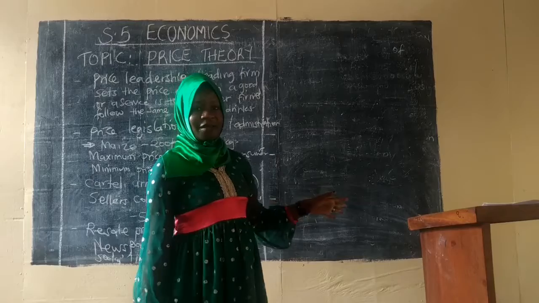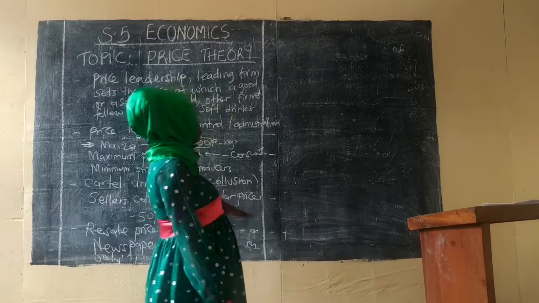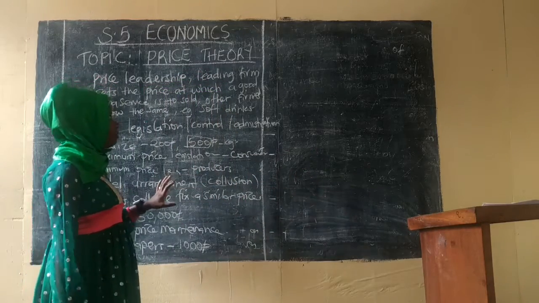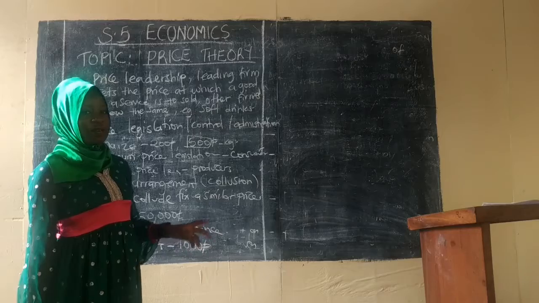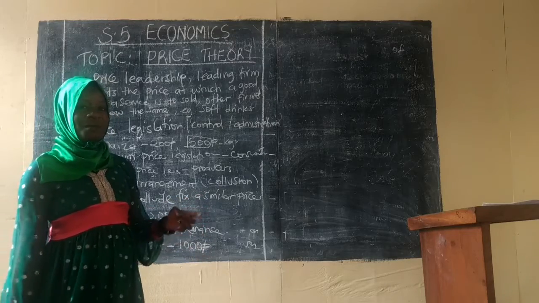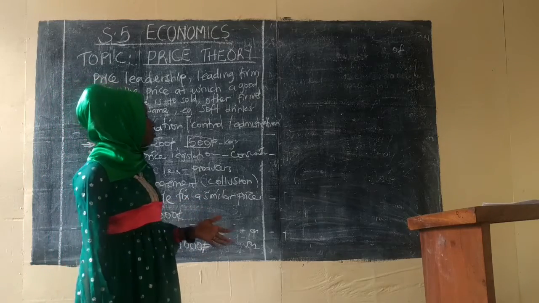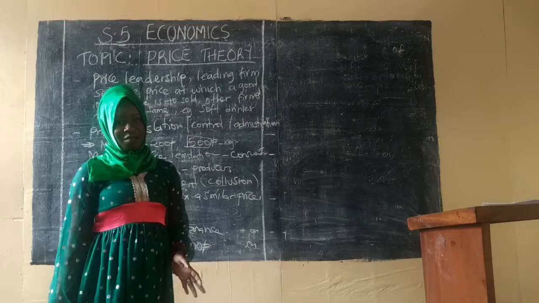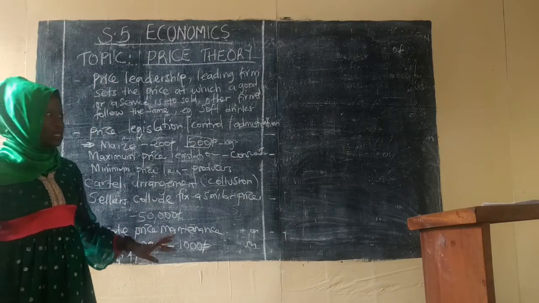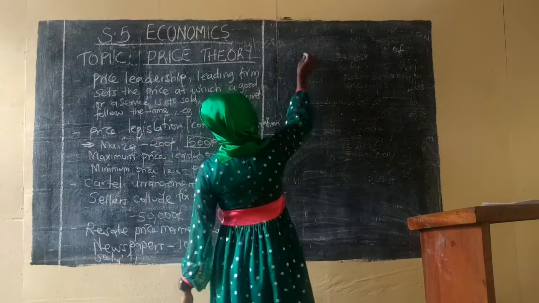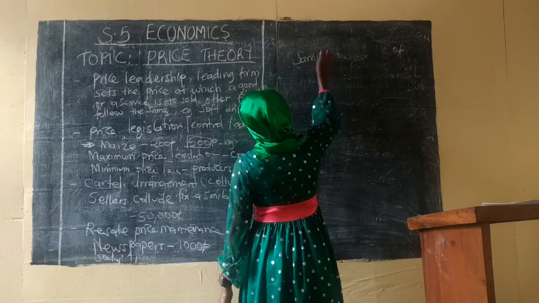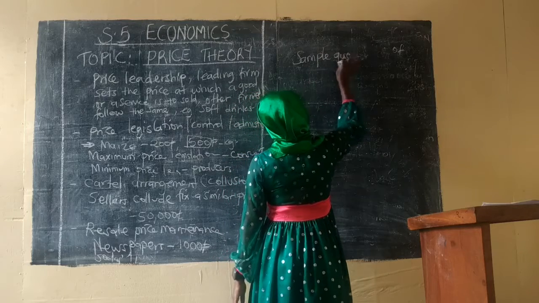So we can have some sample questions concerning what we have covered. Remember, we talked about price, we talked about demand, we talked about supply, we talked about how prices are determined. We have seen the various ways, and we have some sample questions.